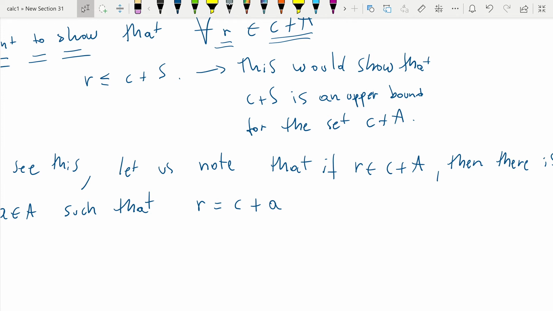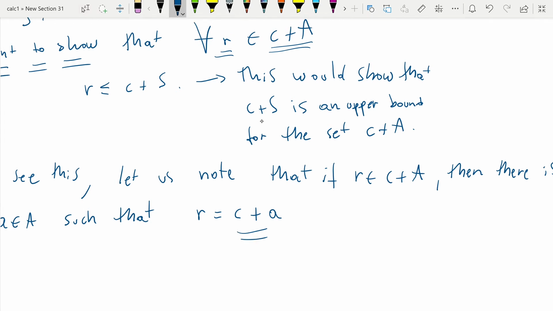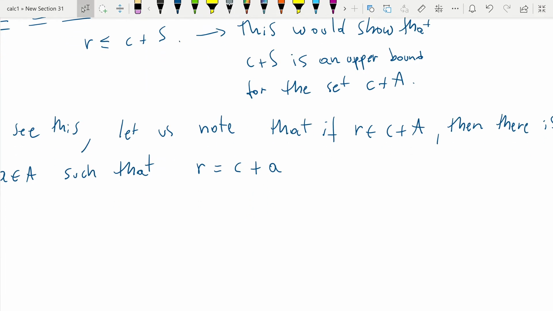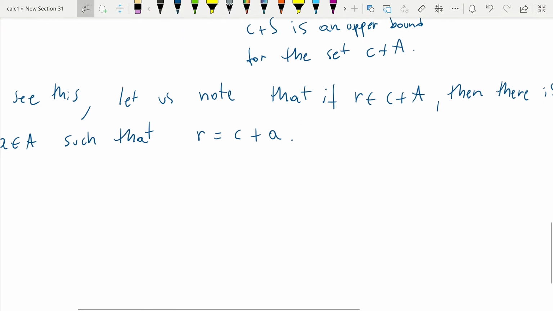So what do we want to show? That R is smaller than or equal to C plus S. This is what we set ourselves to prove from the beginning. We've written R as C plus some number a that belongs to the set A. We know we have to start from things we know that we have.